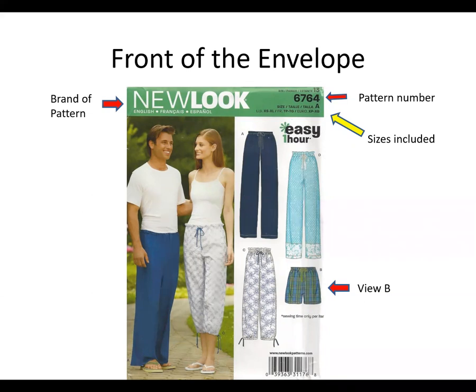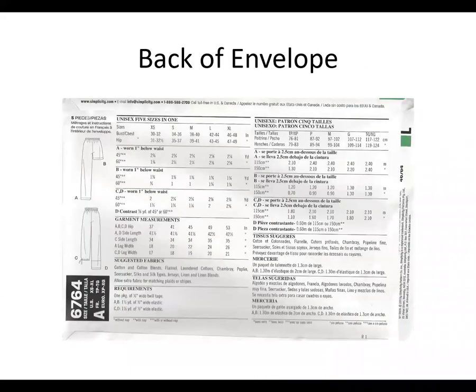So now let's look at the back of the envelope. The back of the envelope has a lot of information on it. First, let's look at the left-hand column. It says there are 5 pieces to this pattern. You'll notice view A and view B. These little line drawings on the back of the envelope usually show what the back of the garment will look like.